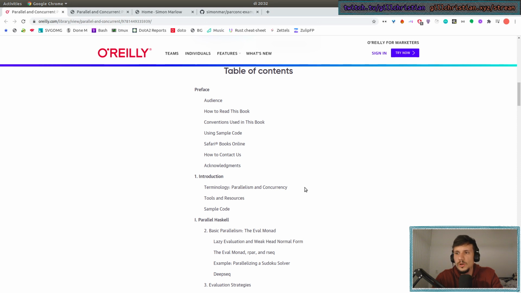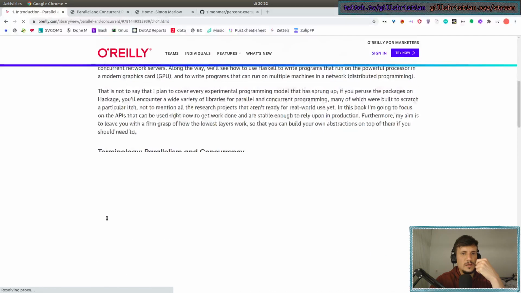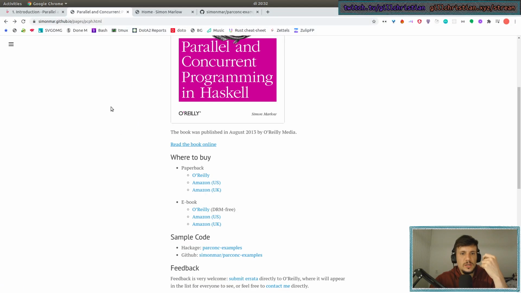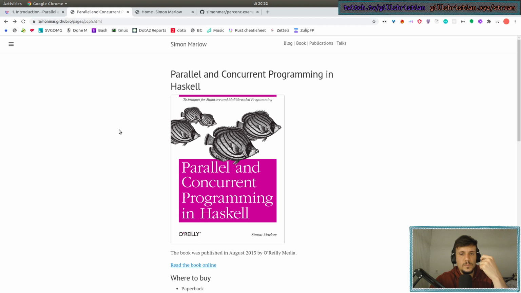It also goes on to mention that you need different tools for different types of problems, and there are a lot of types of problems in concurrency and parallelism.